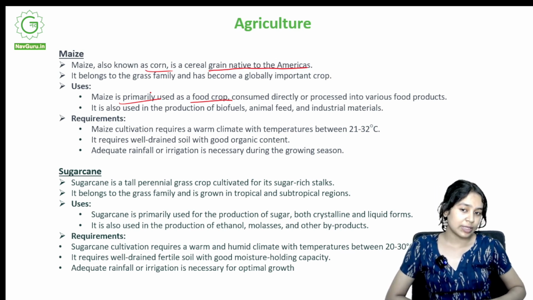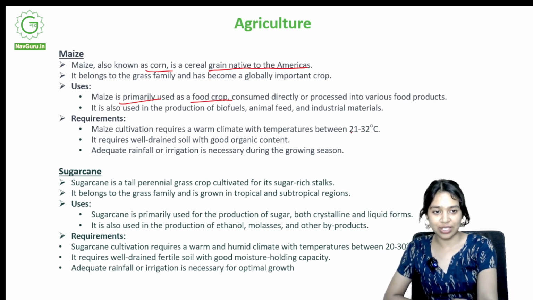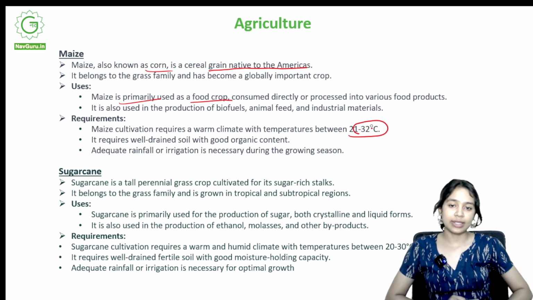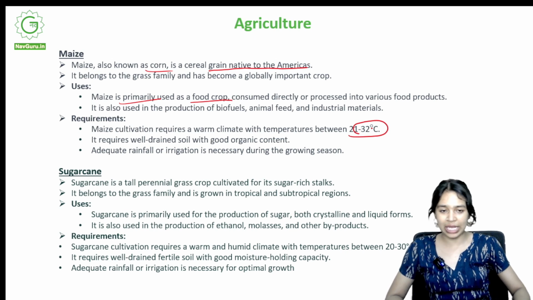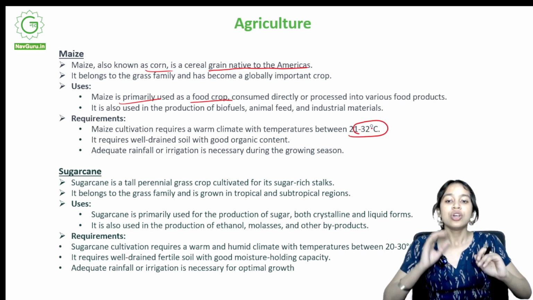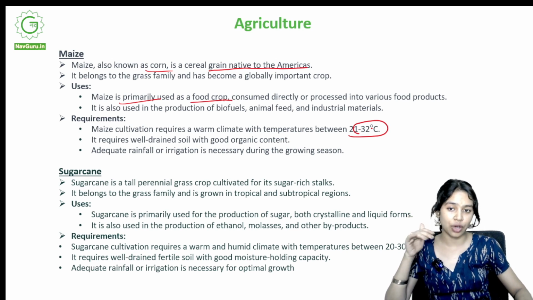So what are the requirements? Maize cultivation requires a warm climate with temperatures between 21 degrees to 32 degrees Celsius. Okay, that is the temperature range that is necessary for maize to grow properly. It requires well-drained soil with good organic content. Adequate rainfall, irrigation is necessary during the growing season. So you see, irrigation is a necessity for all the crops.